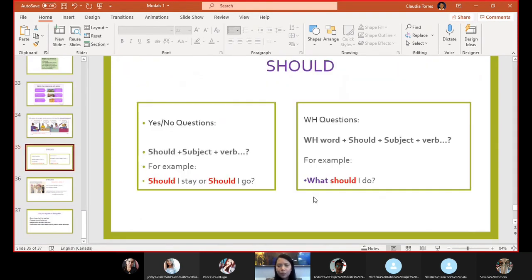Okay, so now how do you make questions with should? If you're going to ask a yes/no question, you can use this structure. You just start with the modal verb, should, then the subject, and then the verb, right?